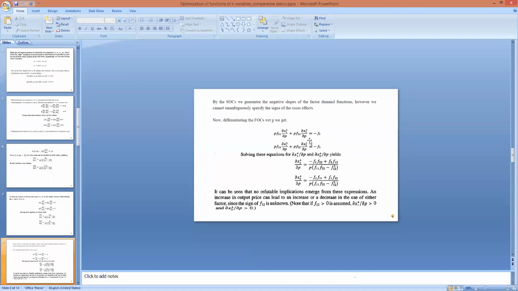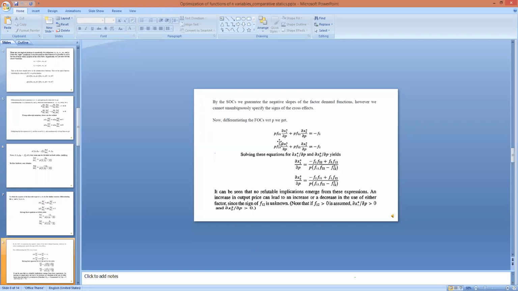Finally, we are considering the third possibility. That is, we will take the derivative with respect to P. In the beginning, somebody asked me whether we are considering a perfectly competitive context. Yes, the student was right, because I am not considering P to be a function of these inputs.